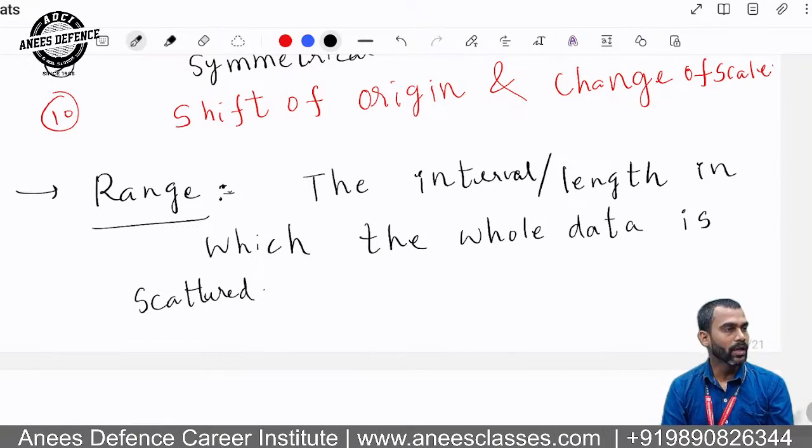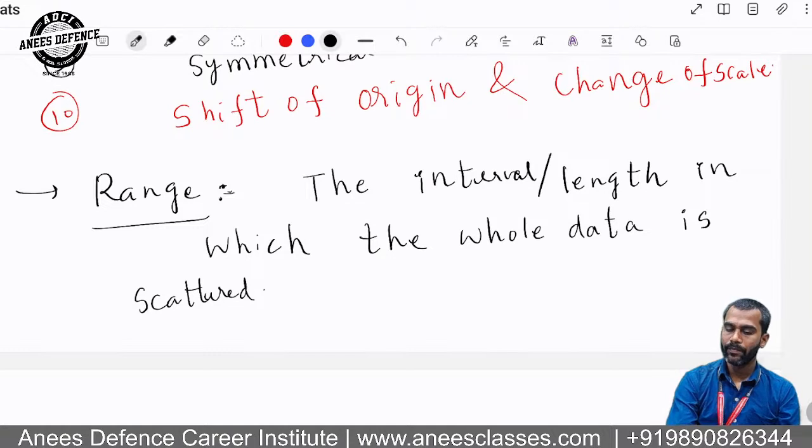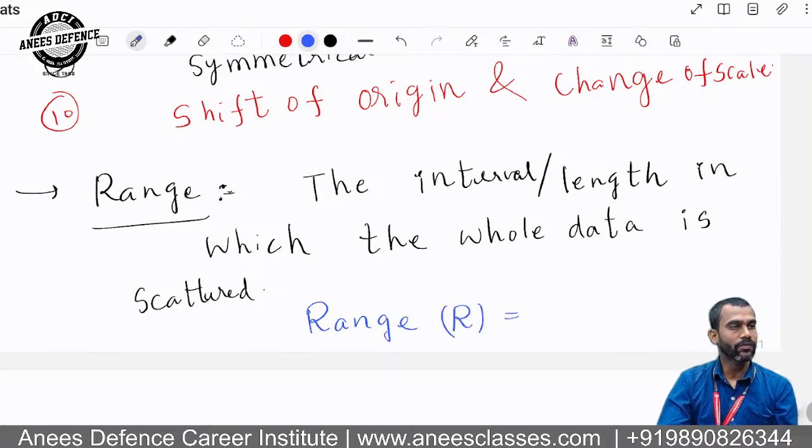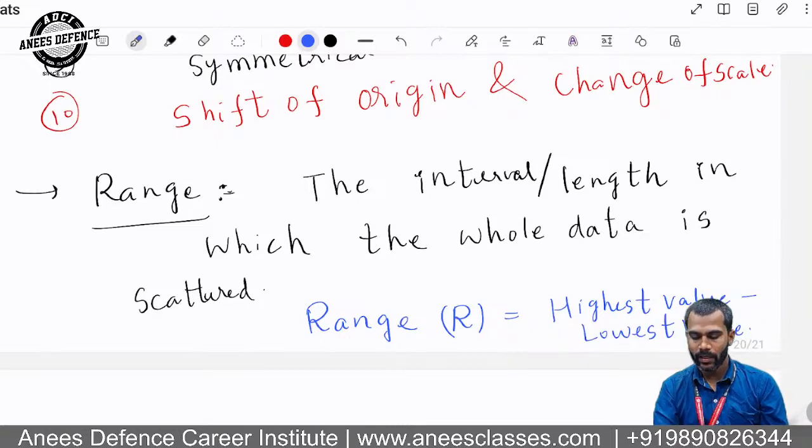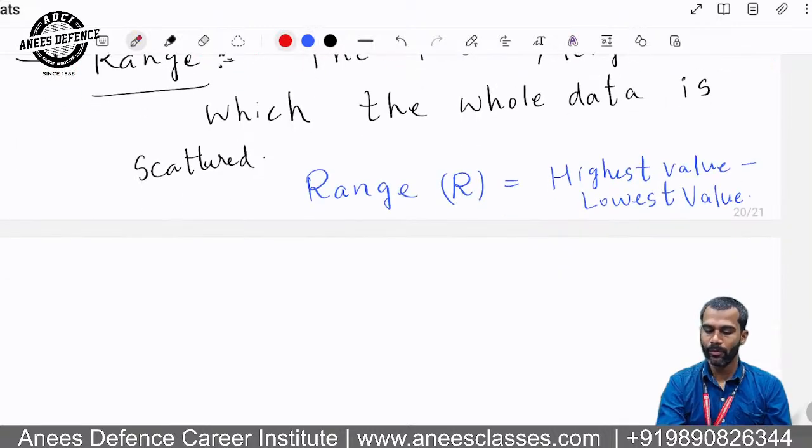And now we'll see the numerical formula for range. Very easy. Range R is equal to highest value minus lowest value. Yeah, highest value minus lowest value. So this is the formula.